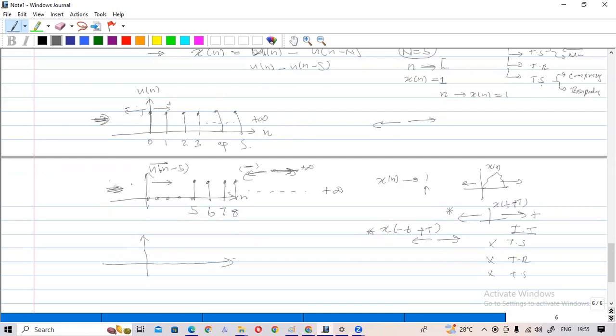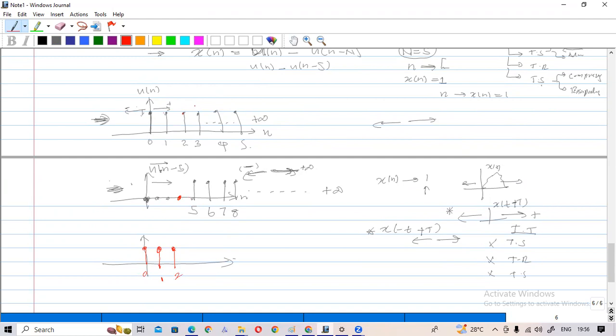Now if you consider the first sample, here it is 1, and the 0 should be subtracted from 1, so you will get 1 at 0. For the second sample, it is 1 minus 0, so you have again 1.